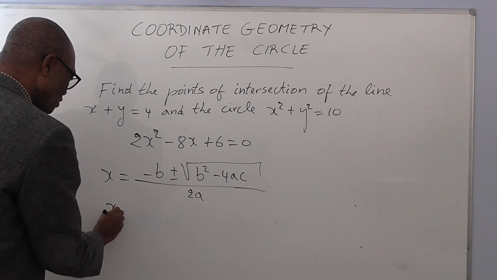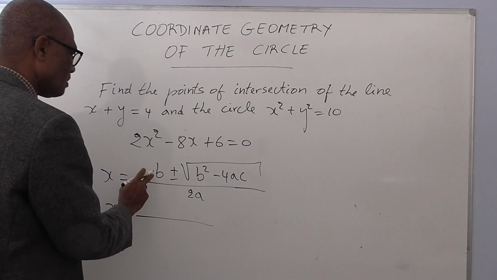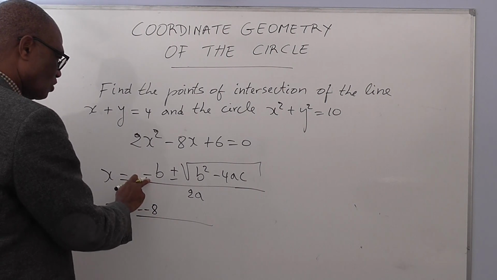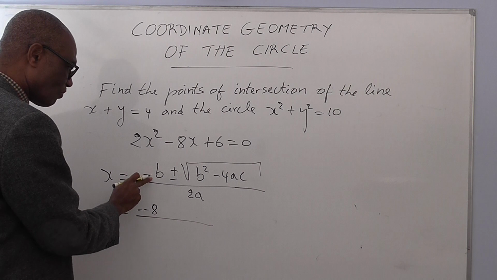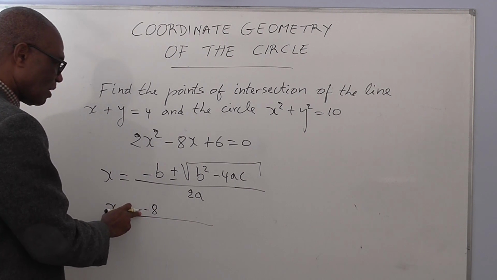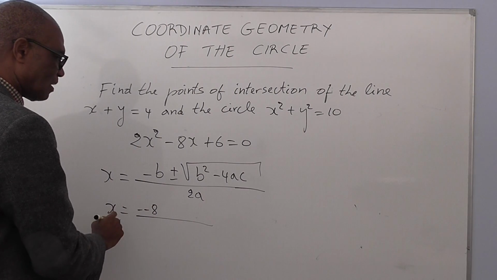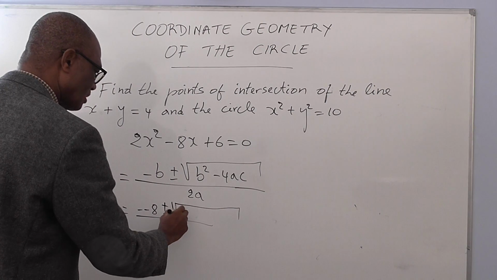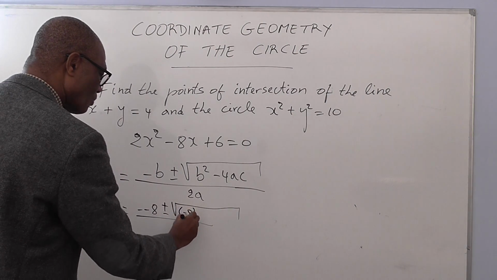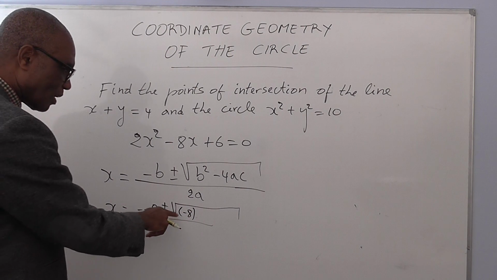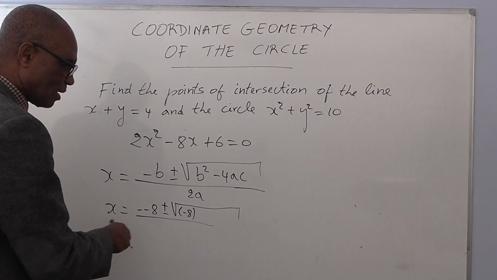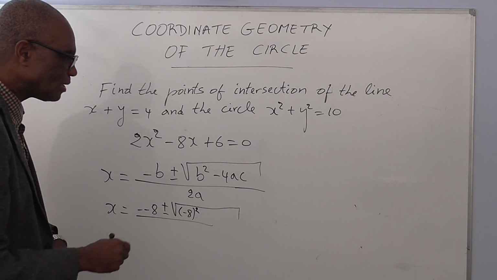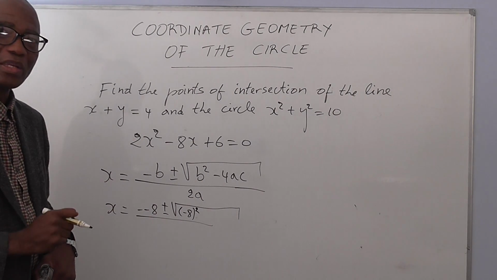Now, if we do that, minus b, so minus minus 8. I rewrite the formula: I put minus, and then minus 8 is there, plus or minus the square root of b squared, that means minus 8, I put a small bracket, and I put minus 8, and I square it. Because if you don't put it like that, you may get an error when using your calculator.